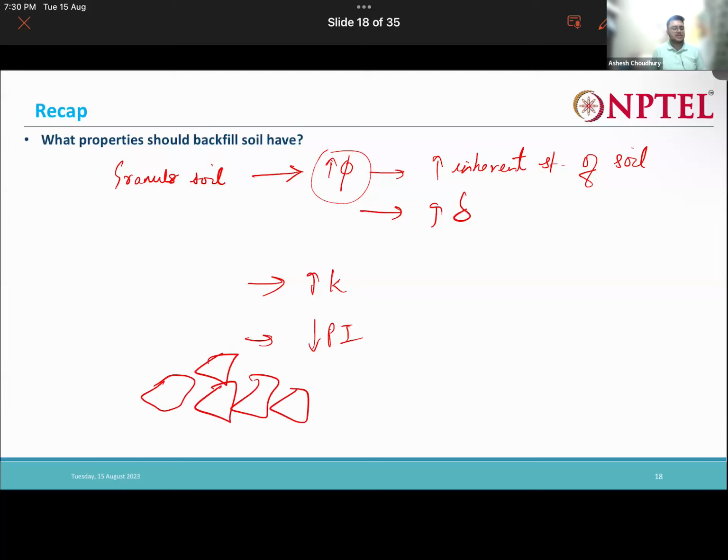So for backfill soil, we have to avoid that. There will be high installation damage, and in the long run it's going to damage the reinforcement very fast. So you should not use soil with very large particles or highly angular particles.